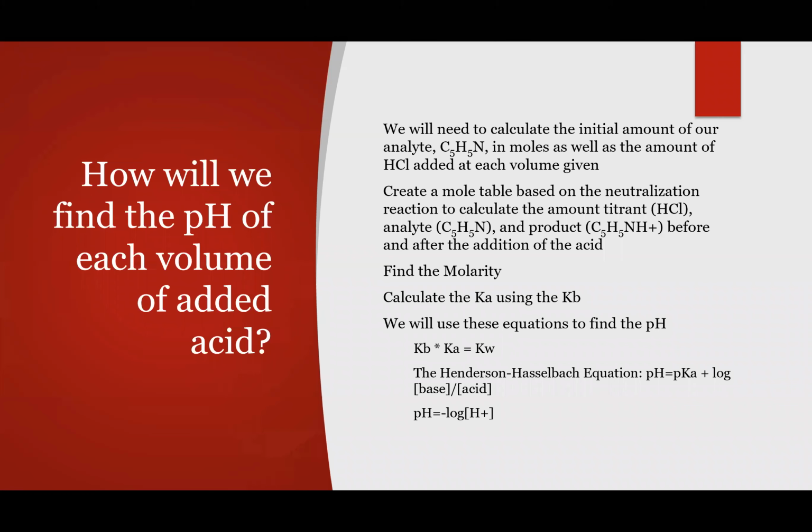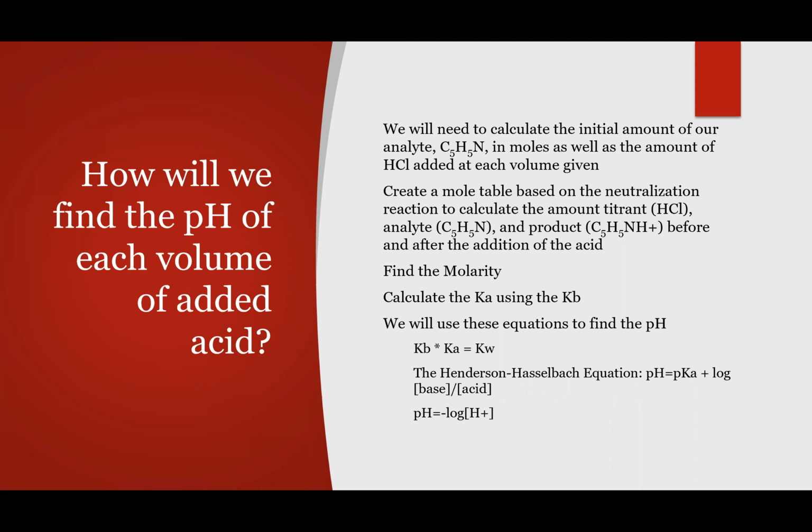Now, how will we find the pH of each volume of added acid? Well, first, we'll need to calculate the initial amount of our analyte, C5H5N, in moles, as well as the amount of HCl added at each volume given. Next, we'll create a mole table based on the neutralization reaction to calculate the amount of titrant, HCl, analyte, C5H5N, and product, C5H5NH+, before and after the addition of the acid.